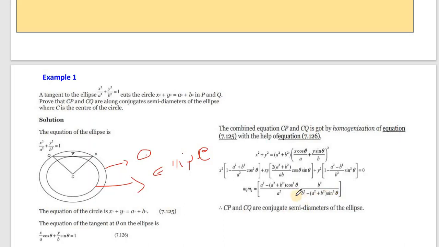So from here we consider the product of the roots, and on simplification these things will cancel out, leaving just b square by a square. So CP and CQ are conjugate semi-diameters. We know that two lines will be conjugate diameters if the product gives us minus b square by a square, then you have this.